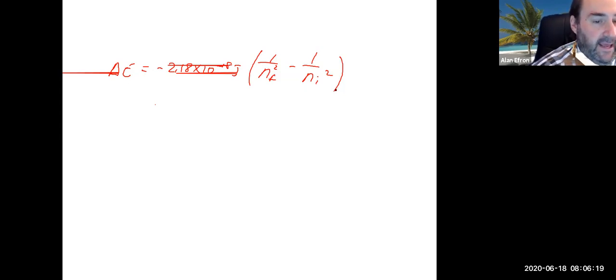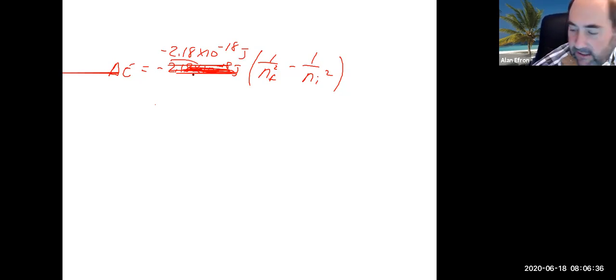That 2.18 times 10 to the minus 18 is Rydberg's constant. Let's try that again. There we go, a little bit better. And remember, we can use this formula to figure out the energy change in the atom as the electrons transition from one energy level to the next.